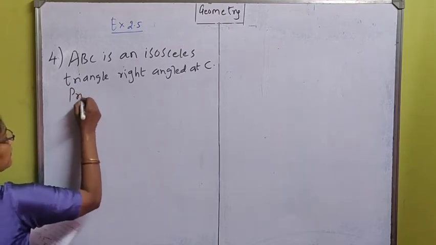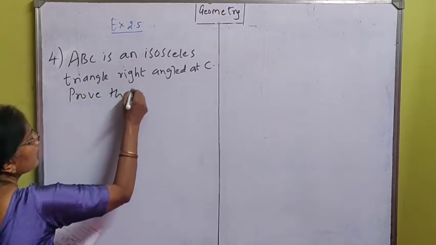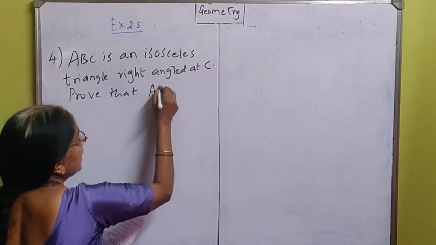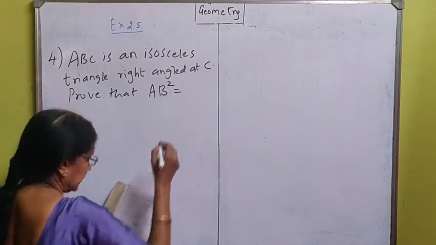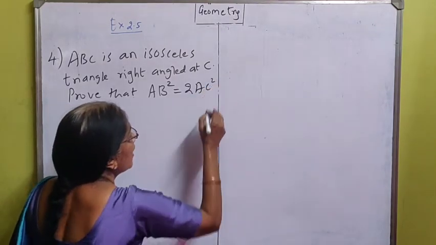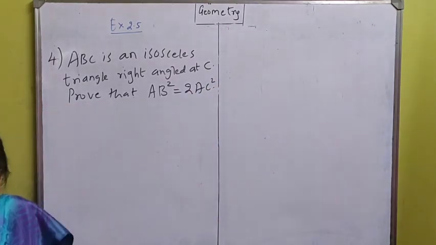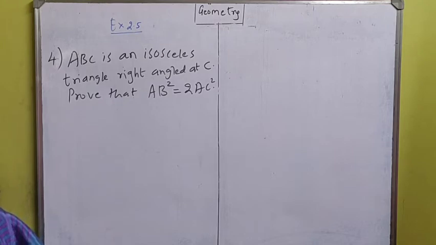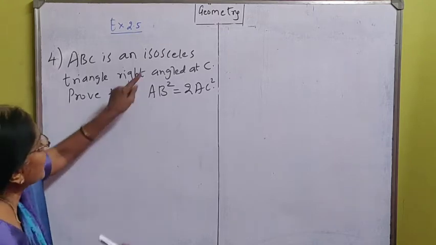Prove that AB square is equal to 2AC square. This is what you have to prove. AB square is equal to 2AC square.